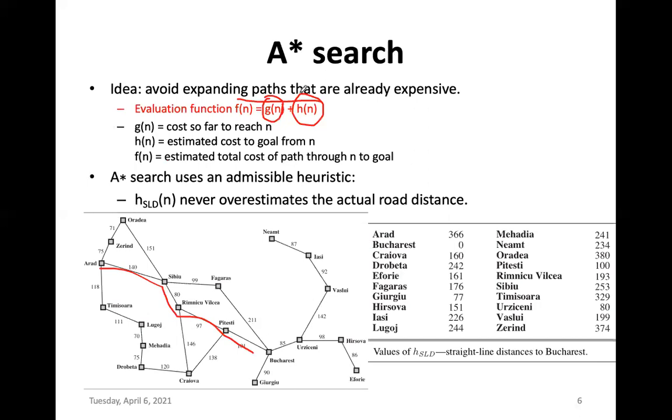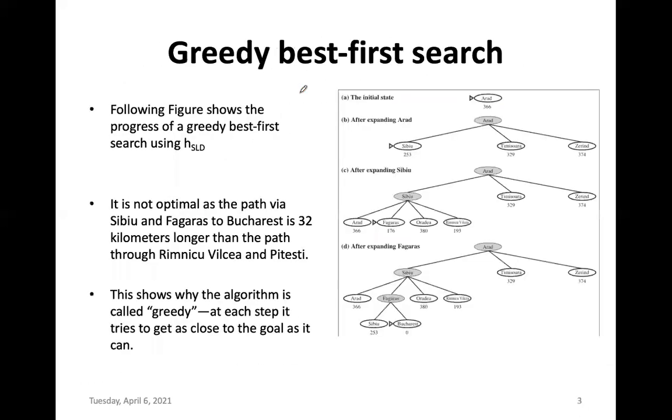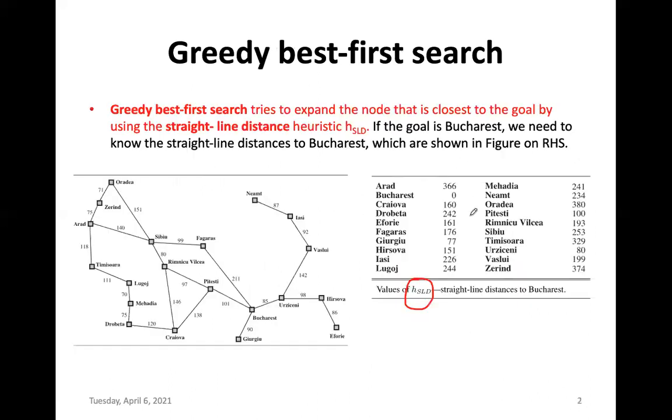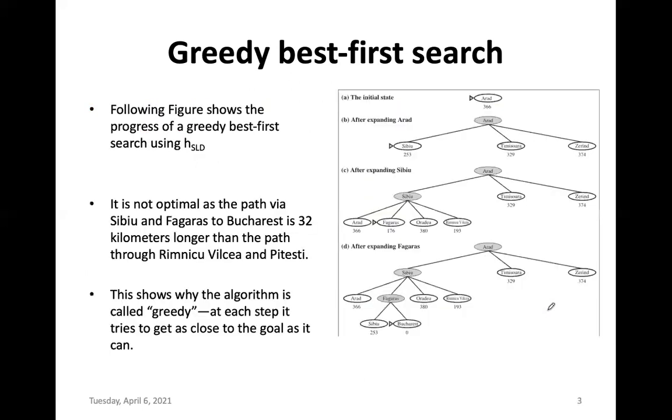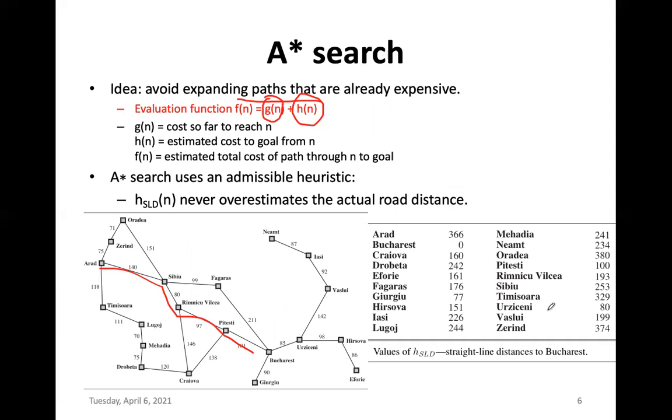In the previous example of greedy best first search, our heuristic function was the straight line distance function, and the table of straight line distance values was this. Here, h(n) is similar to that straight line distance function, and the table that we will use is again the same.